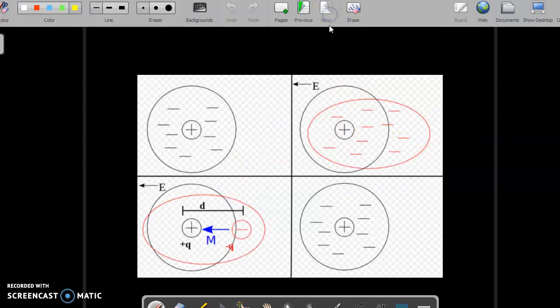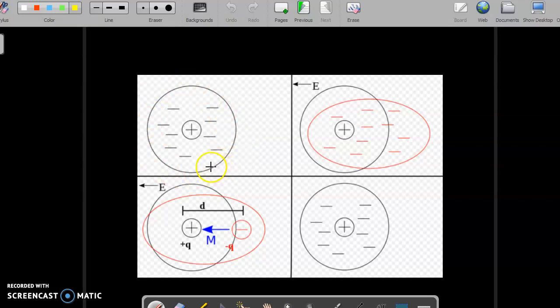Let us see a very good illustration of the dielectric response of an atom. Here we can see a nucleus, and around the nucleus an electron cloud. This is the concept as per Schrödinger's atom model. The electron is just like a cloud around the nucleus.